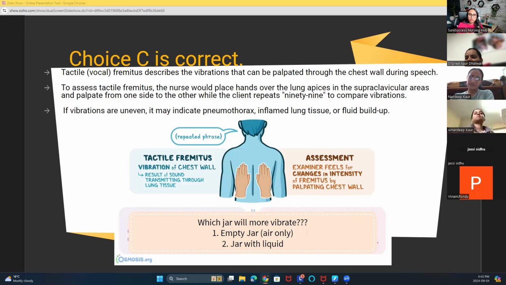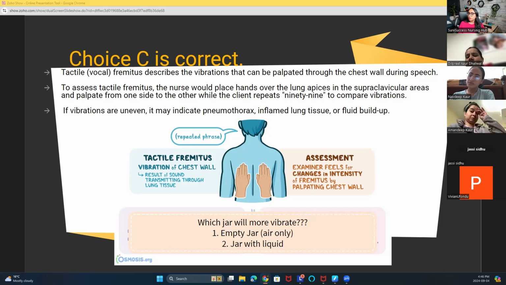The same thing, students. Normally, we have a very normal vibration, and what you felt is the normal. When you feel too much vibration, it means there is too much secretion in the patient's lungs. For example, when you get sick with pneumonia, or sometimes kids get so sick.